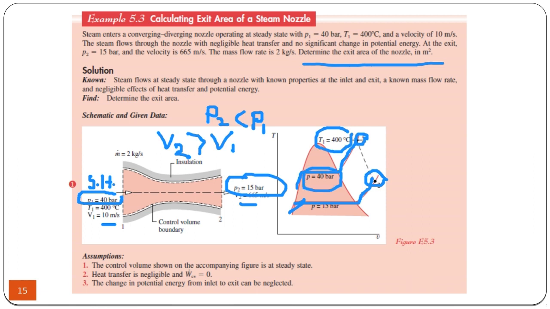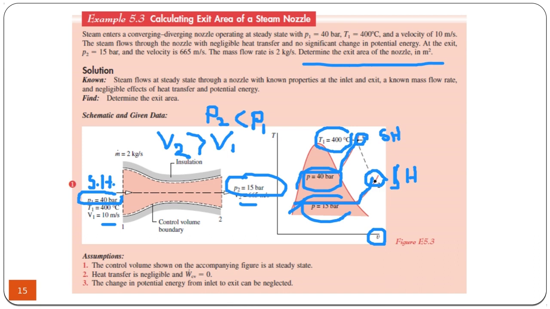Because it's expanding, you can see that the specific volume must increase. So outlet condition is also superheated. You have superheated steam at the inlet, also superheated steam at the exit as well. So we're going to find the exit area here.